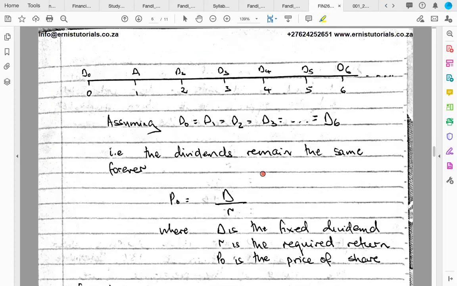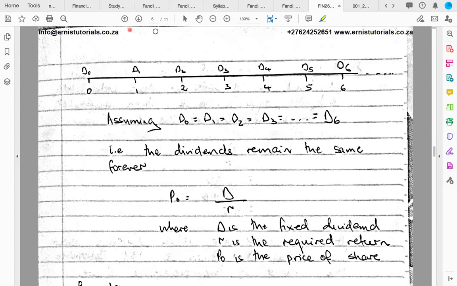So if a company is paying dividends, and these dividends are expected to remain the same, the dividend paid today is going to be the same as the one paid after 1 year. That's D1, dividend in 1 year. It's going to be the same as the one paid in the second year, the third year, the sixth year, into the future. So we are assuming that dividends remain the same forever.